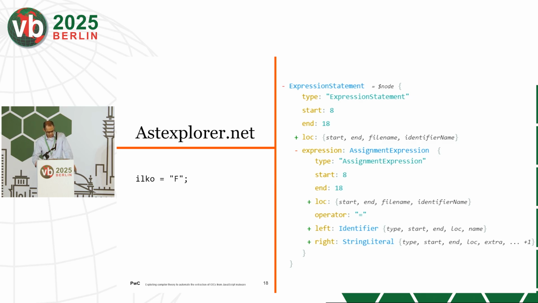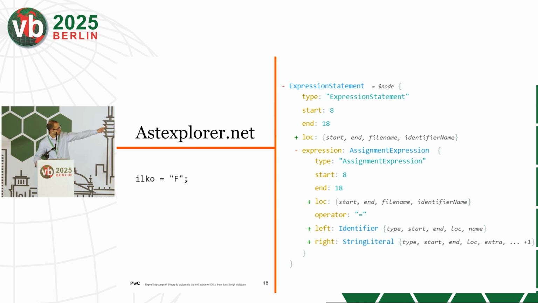That is an open source project that takes your code and prints out the abstract syntax tree on the right. Now, on the left, we have one line of code from the malicious sample, the variable ilco being assigned the letter F. On the right is a small portion of the subsequent tree. The thing to notice is the assignment expression, which has the property operator whose value is the equals sign.